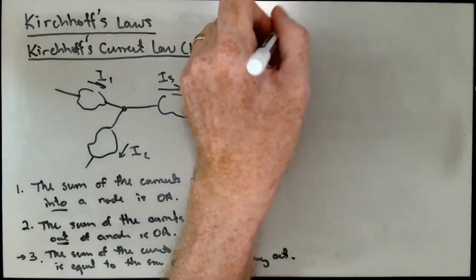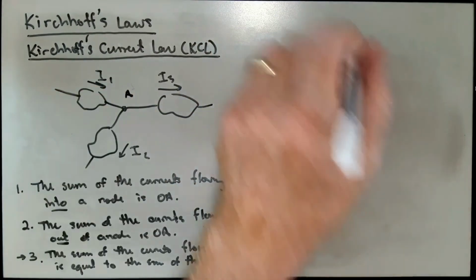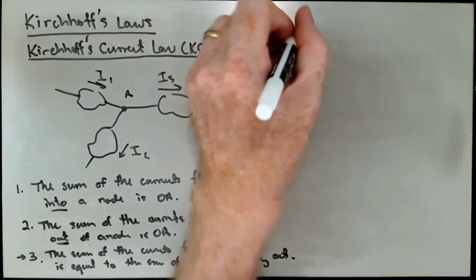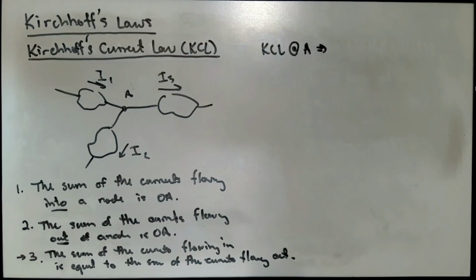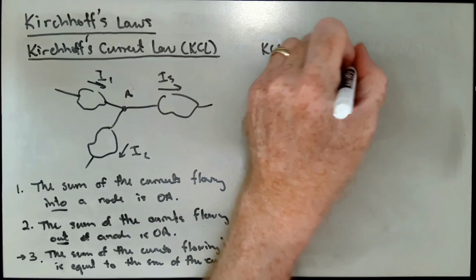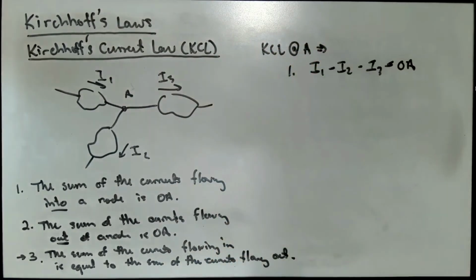So for this particular node, call this node A or something like that, KCL at node A would tell us, in the first way of formulating it, I1 minus I2 minus I3 equals 0 amps.